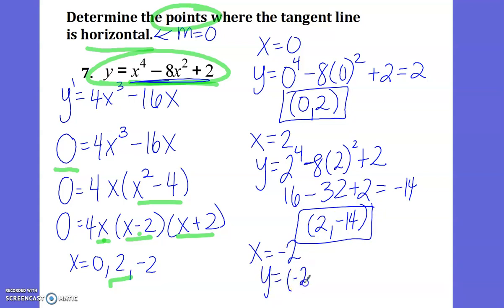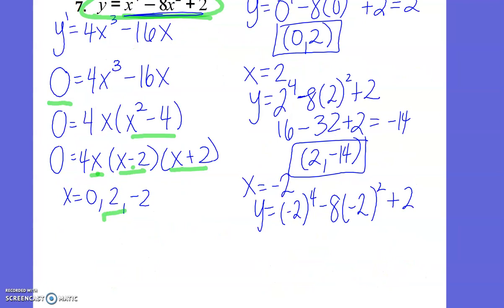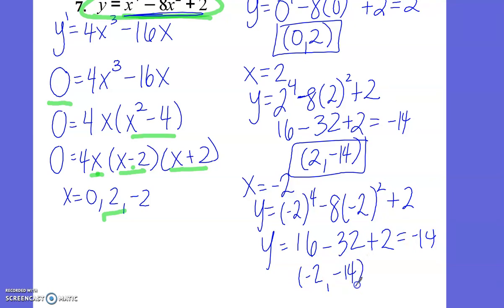So y equals negative 2 to the 4th minus 8 times negative 2 squared plus 2. This ends up giving us the same value for y, so this is (-2, -14). And there are the 3 points on this graph where our function has horizontal slope.